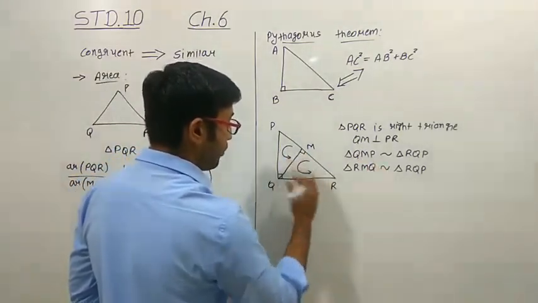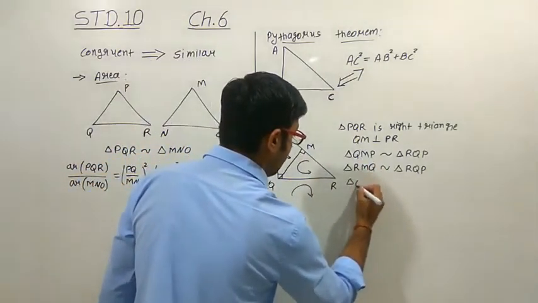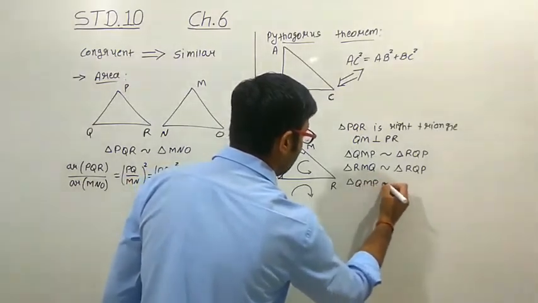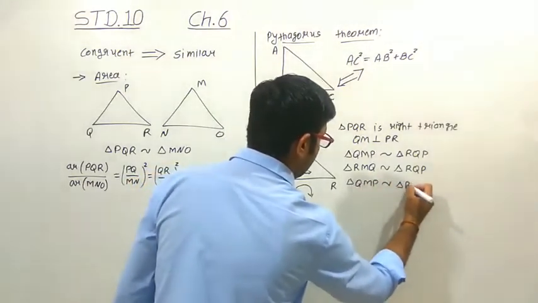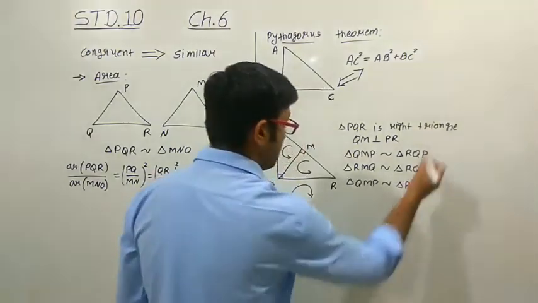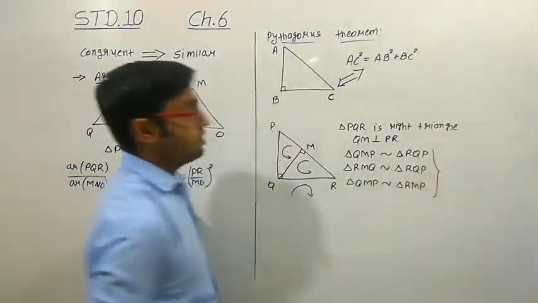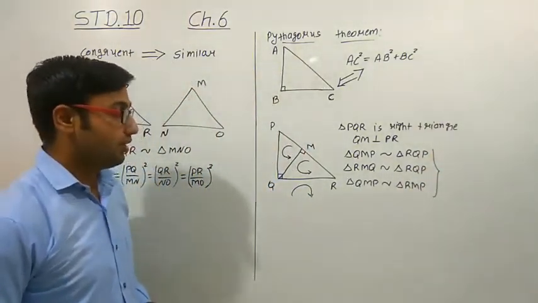These two interior triangles are also similar to each other, so triangle QMP is similar to triangle RMQ. These are the three conditions we can write according to the theorem.